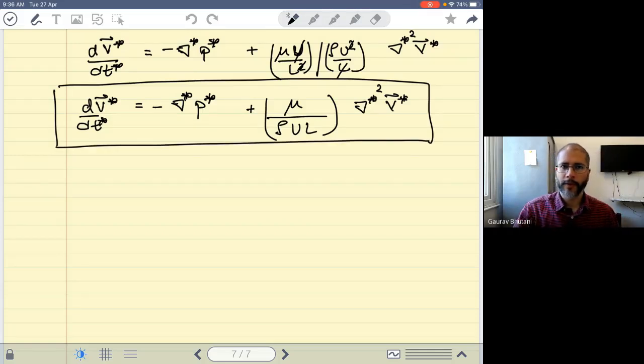So this is our final non-dimensionalized form of the momentum equation, or the Navier-Stokes equation. All right. And in this term, mu upon rho u L is actually your 1 by Reynolds number.